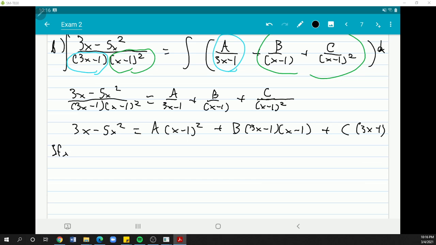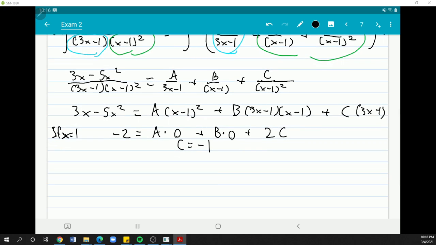So if x equals 1, plugging into both sides, I get 3 times 1 minus 5 times 1 squared is a times plugging 1 gives 0, plus b times plugging in 1 gives 0, plus 3 times 1 is 3, minus 1 is 2, so 2c. So c is equal to minus 1. So what's the reason I do that?